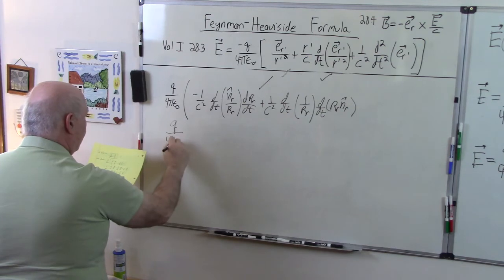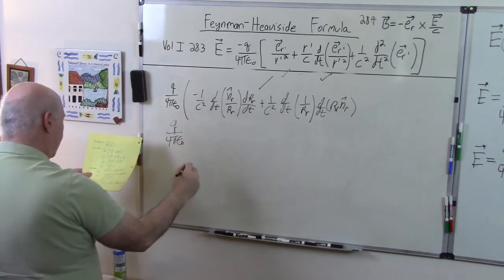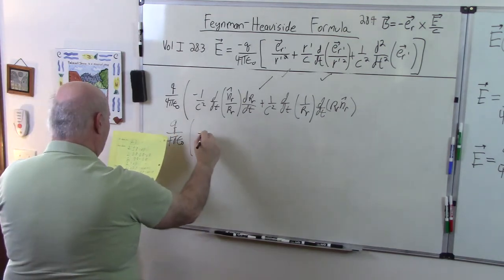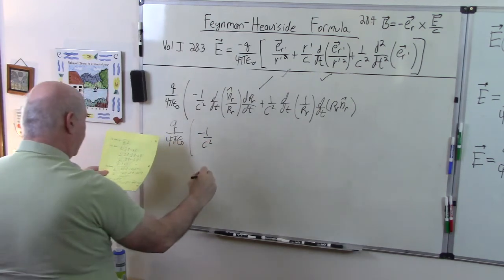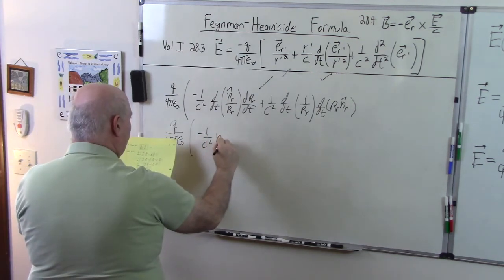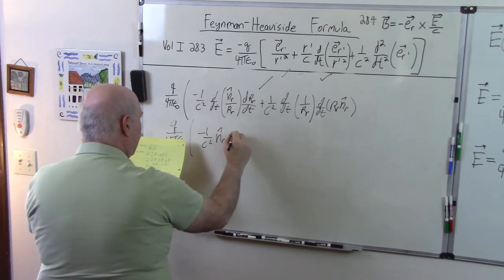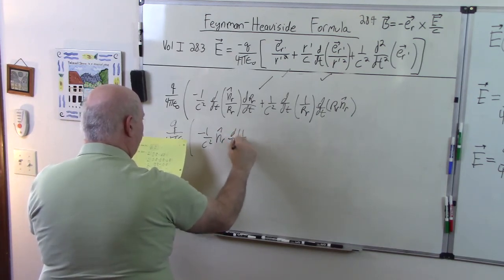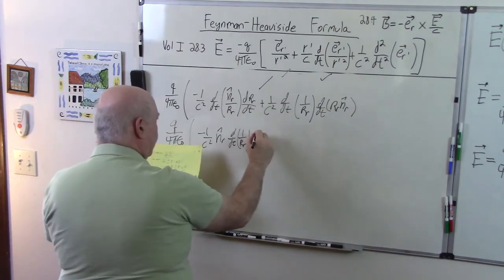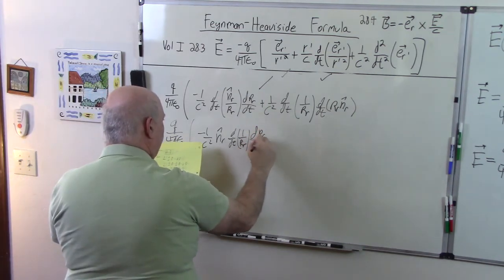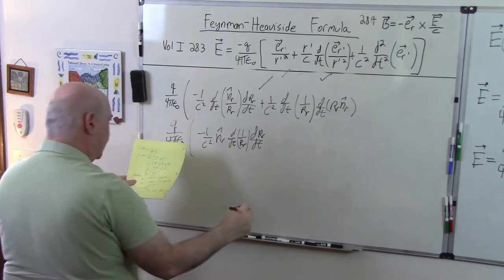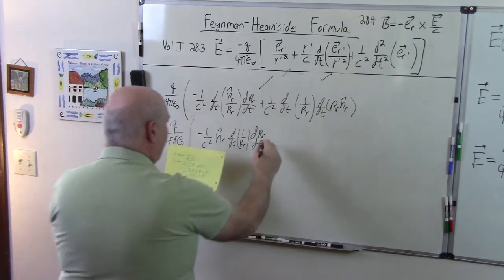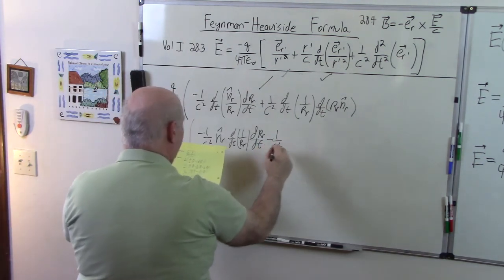q over 4 pi epsilon 0, minus 1 over c squared, n_r hat, d/dt of 1 over r_r, dr_r/dt, minus 1 over c squared.